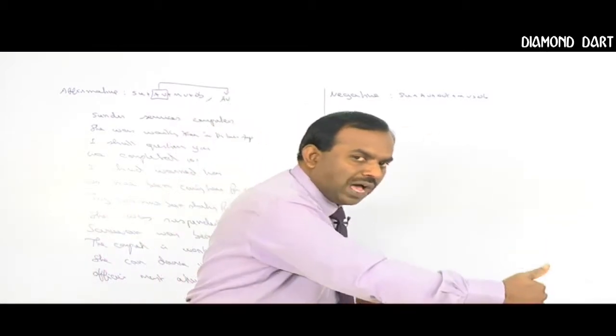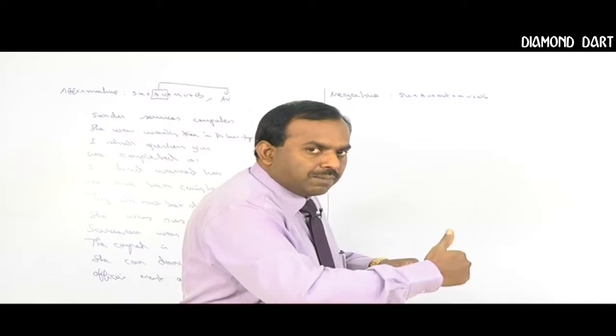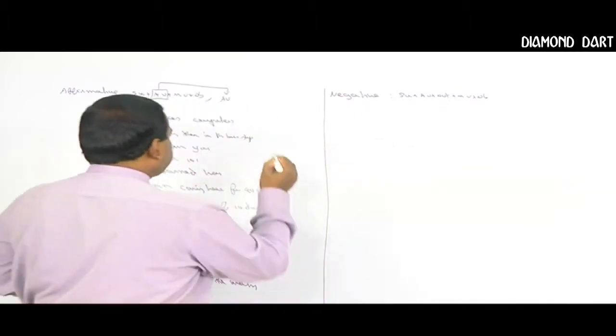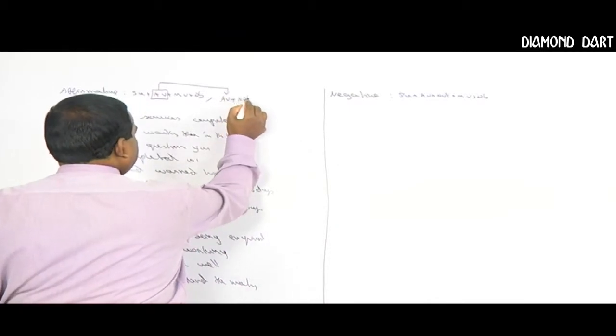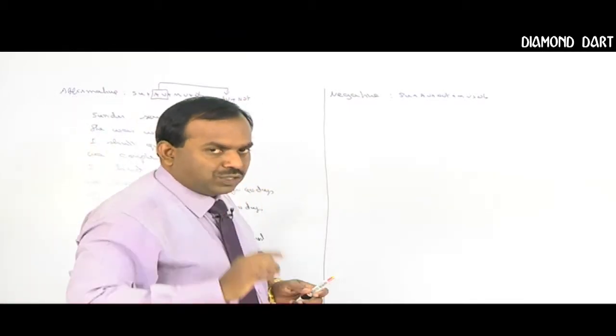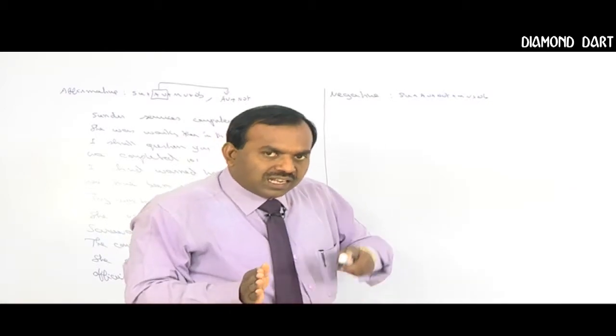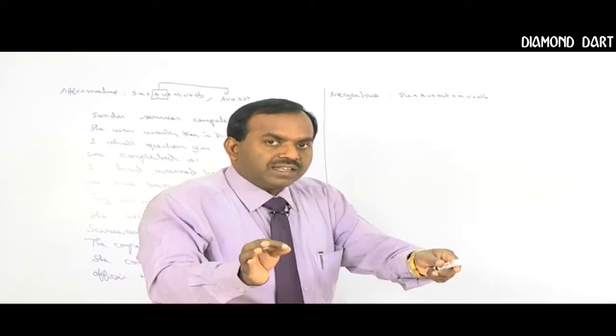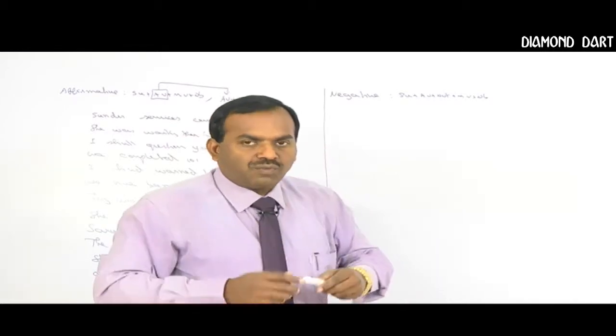And next what you have to do, add up an adverb not after the auxiliary. Here the auxiliary and adverb not should compulsorily be written in a contraction form.